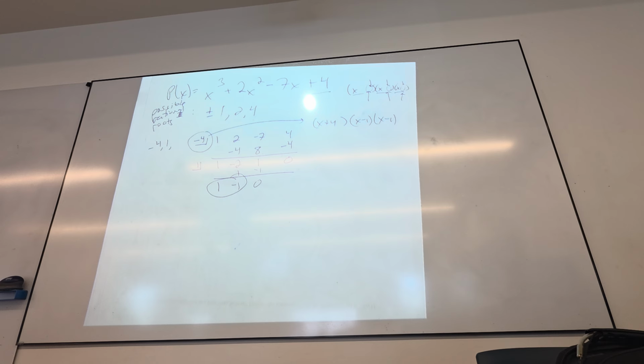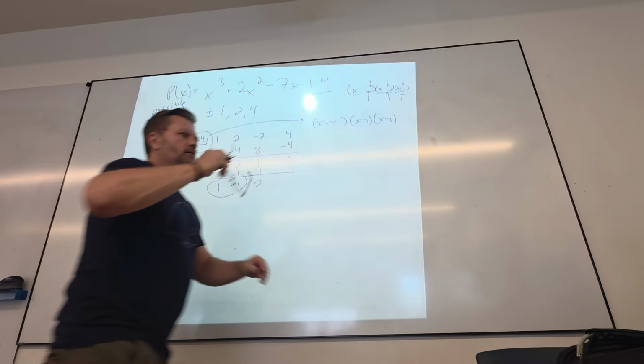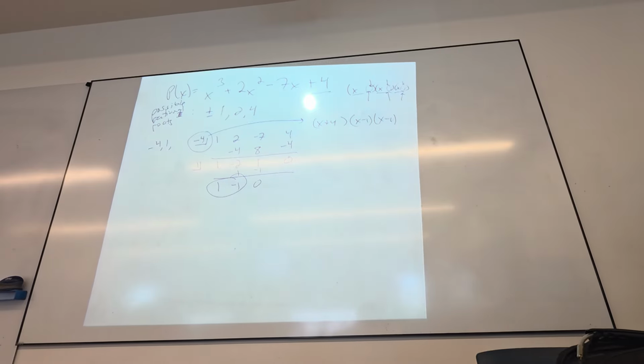So if you have a list of numbers to try, if you tried 2, did it come out to not work? You got a remainder, right? The only time you throw something out of your list is if it doesn't work. If it does work, it might work twice, 3 times, 4 times. So what does that mean about 1?